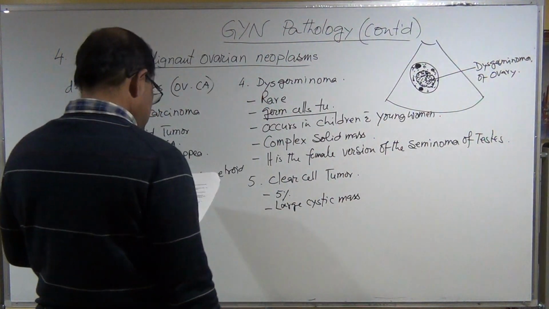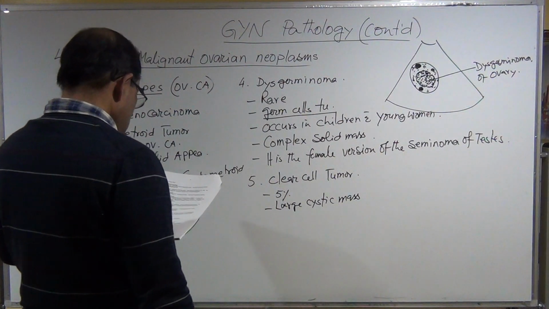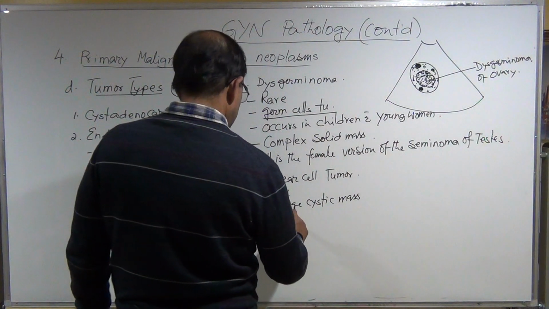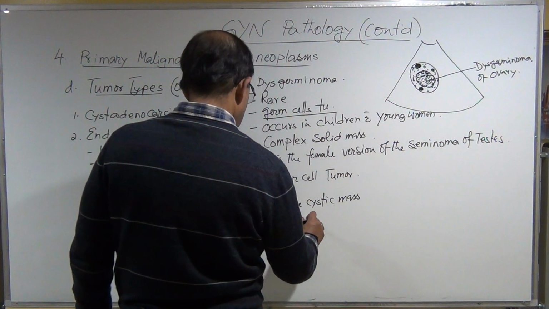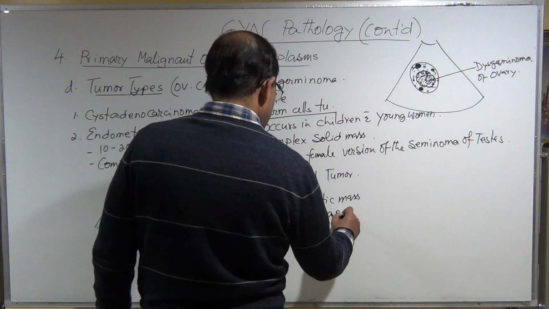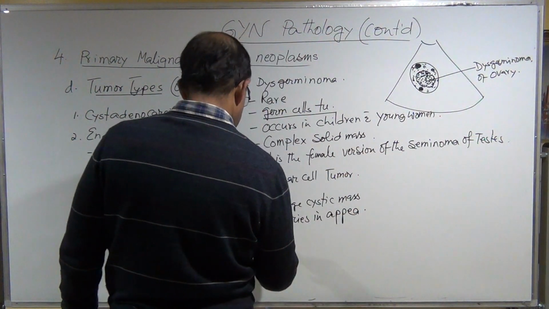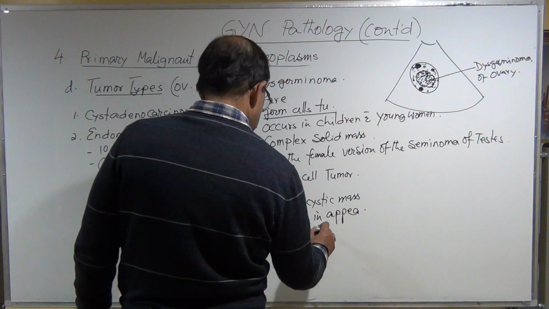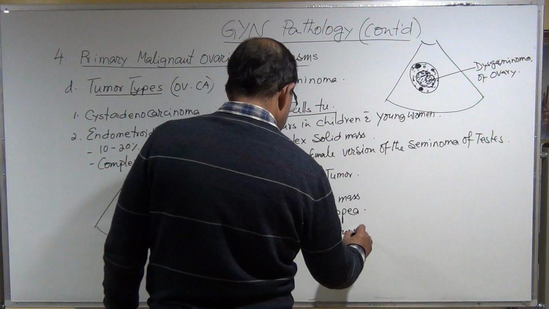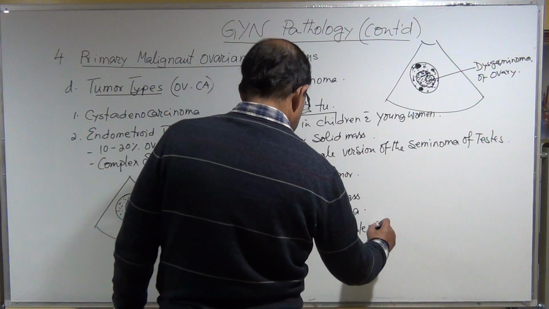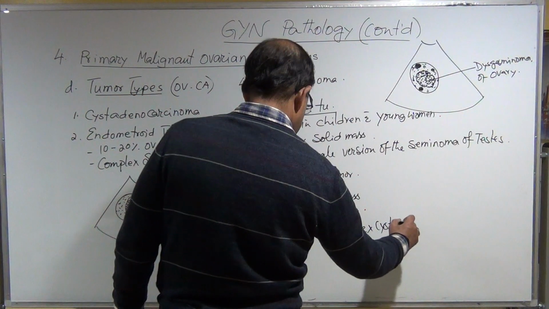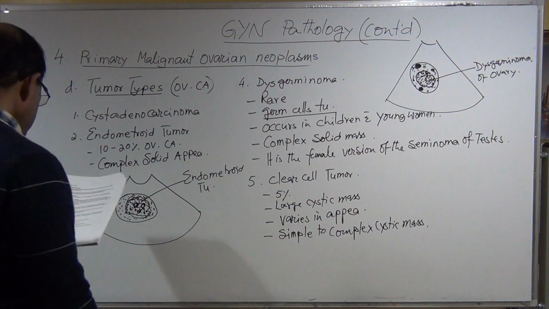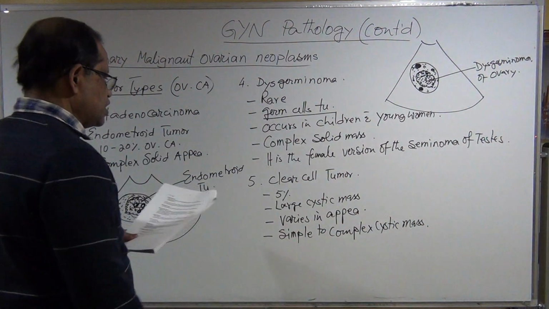Large cystic mass, and varies in appearance from a simple cyst to a complex cyst. Okay, and this is not a germ cell tumor.